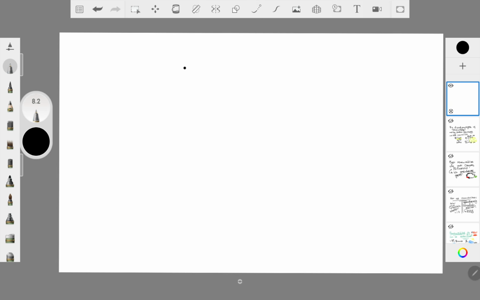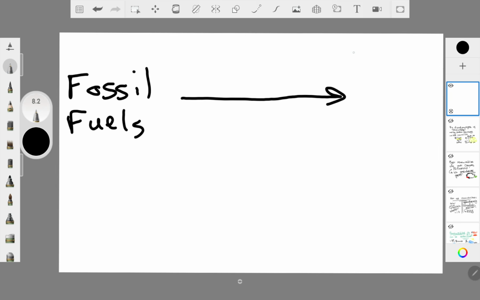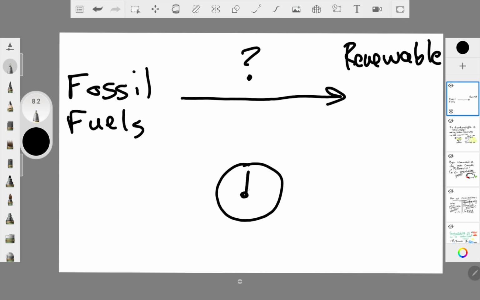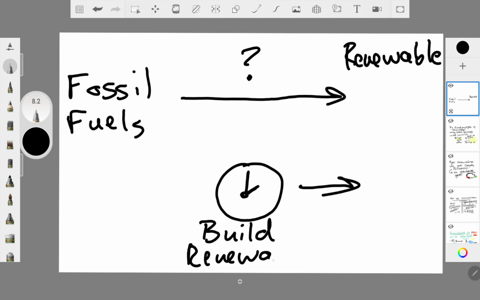As we transition from fossil fuels to renewables, we need something in the middle, because we need to give ourselves some more time to build renewable energy sources. Okay?